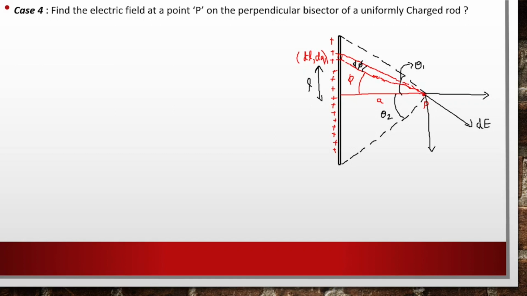Since this angle is phi, this angle also becomes phi. So this part becomes dE cos phi, and this part becomes dE sin phi.